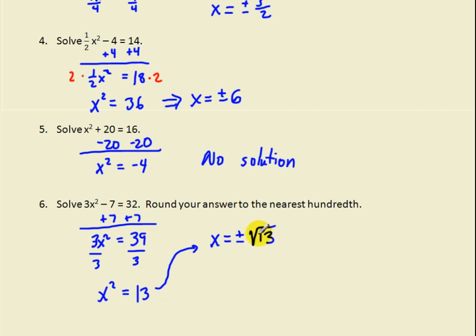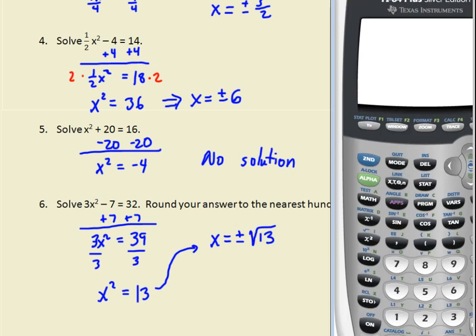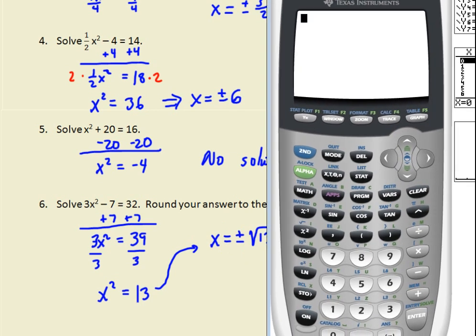Now if we were asked for an exact answer, we would be done, because this radical cannot be simplified. But because we're looking for a decimal, I'm going to grab a calculator and calculate the square root of 13. And just for completeness, I'll close out the parentheses, and we get 3.60555. Notice we want to go to the nearest hundredth, so 2 decimal places.